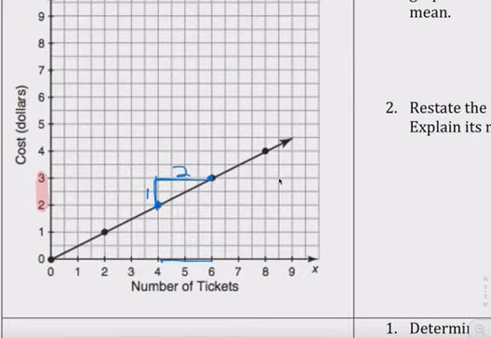So up 1, up 1, rise over run: 1 over 2, run 2. All right, and then you get $1 for every 2 tickets. So what does this mean?